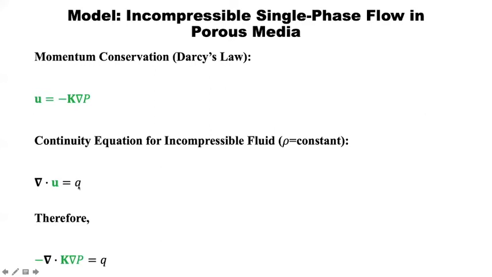I will also derive the continuity equation, but now just consider the continuity equation like this. So now we have two equations. The first one, Darcy's law, in u and p, and the second one in u, which is the continuity equation. Combining these two equations together, we will be able to solve them and find a unique solution.